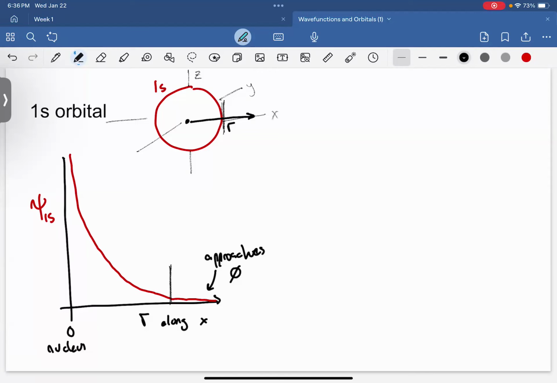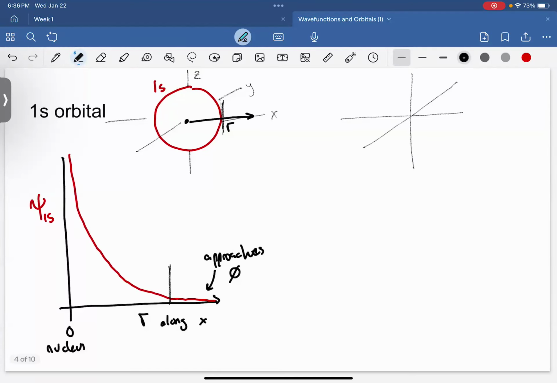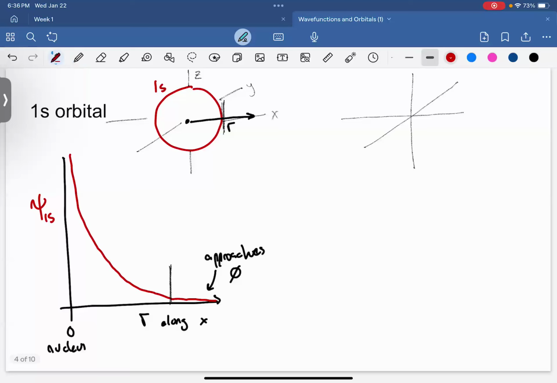The other way that I talked about in lecture that we can draw these is by doing these kind of density plots where we show, okay, here's my nucleus in the middle. And then we use the density of little dots as a way to show what the relative magnitude of the wave function is.